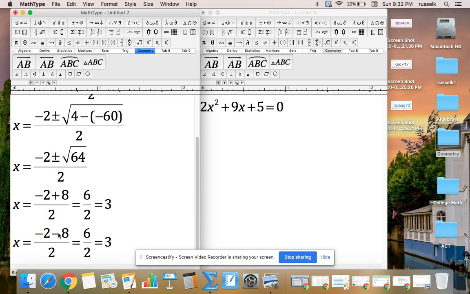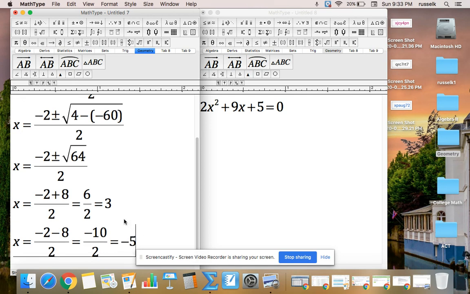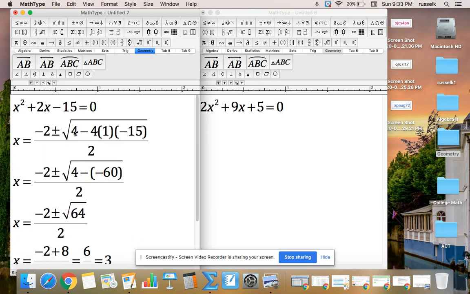Switching this to the minus version gives me a negative 10 on top. Negative 10 divided by 2 is negative 5. My two answers for this problem are 3 and negative 5. You should always be able to go back, plug in those answers, and make sure that when you plug it in, it does give you 0.